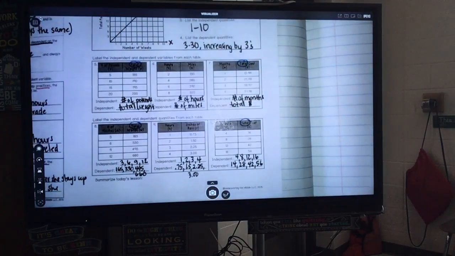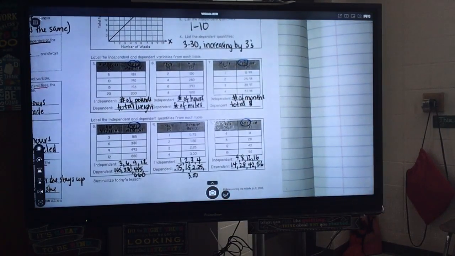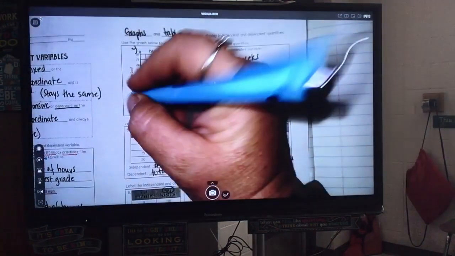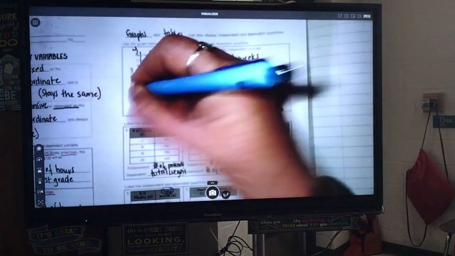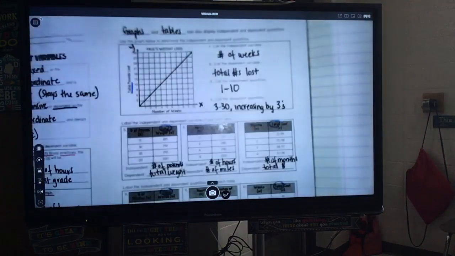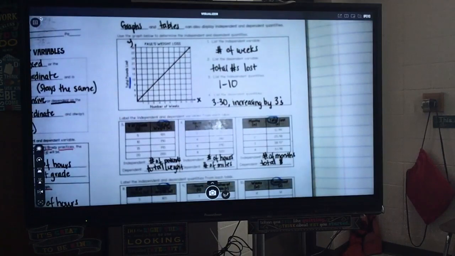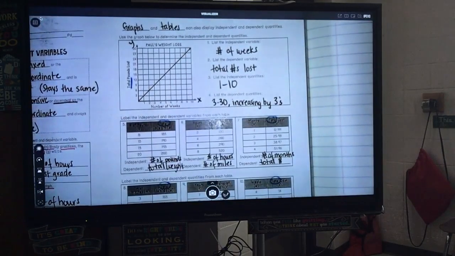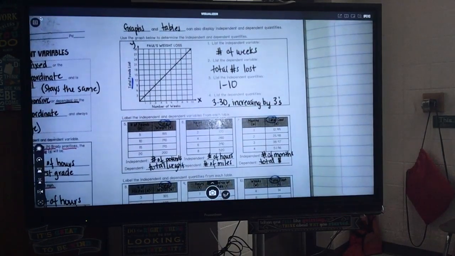So 9 times out of 10, if it's total something or if it's asking for the total, that is going to be independent or dependent? It's going to be the dependent. And even in our graph up here, you see this word right there. So again, picking up on key things.